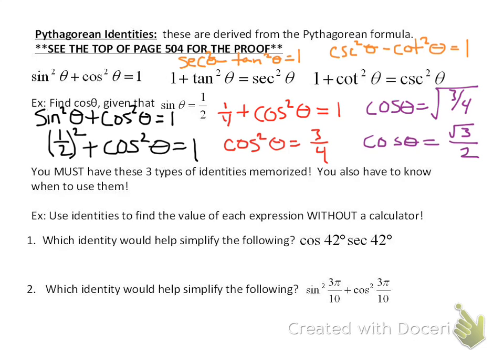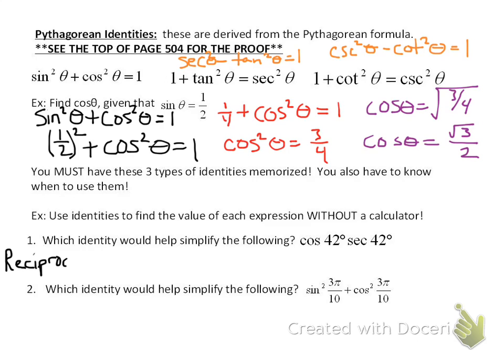It would be a reciprocal identity. So when you come to a question like this on the homework, the first thing you're going to do is write down which identity we're using. So right now we're going to use the reciprocal identity.